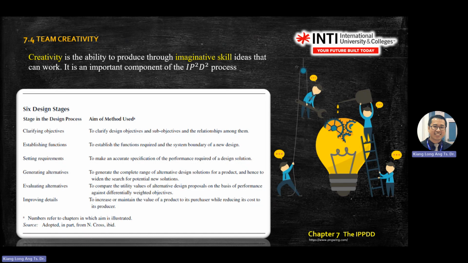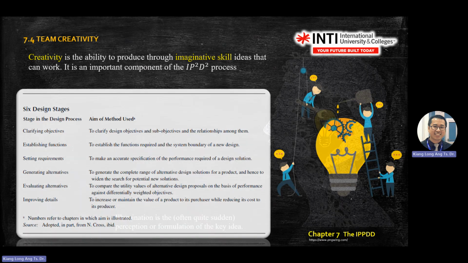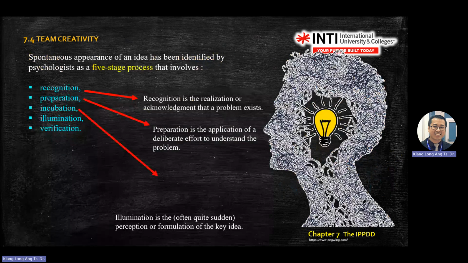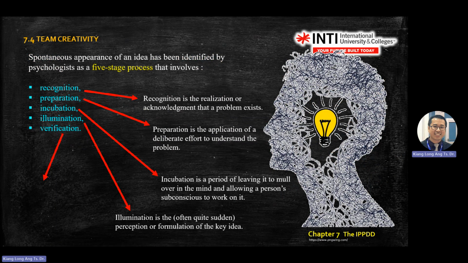This is the 6 design stages. Again: objective, function, requirement, alternative, testing, and improving. This is more on psychology, I won't ask you on psychology.